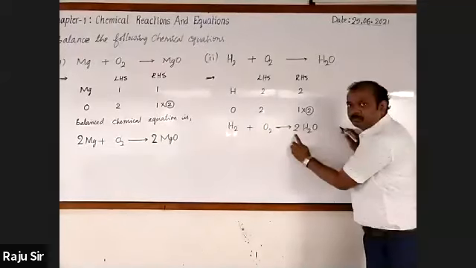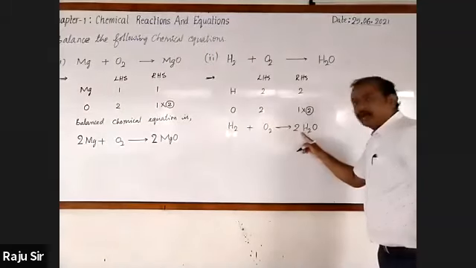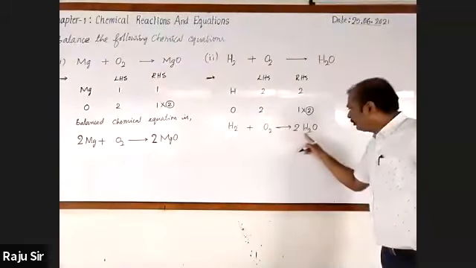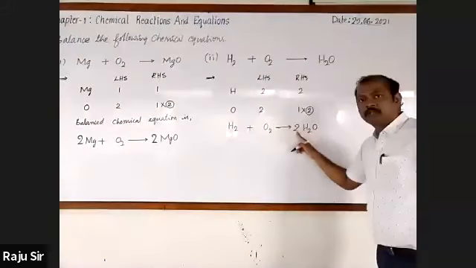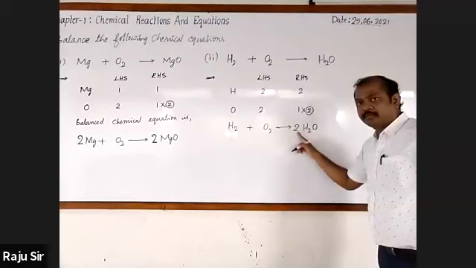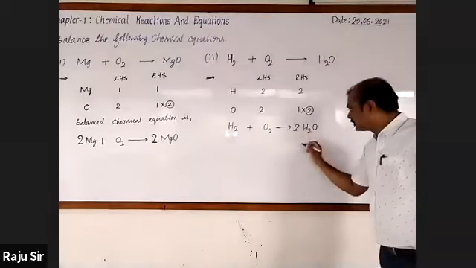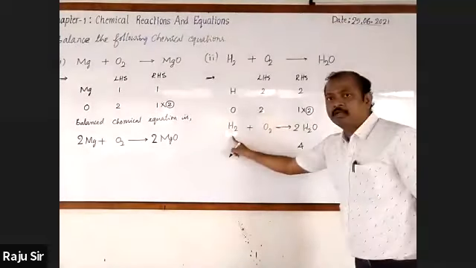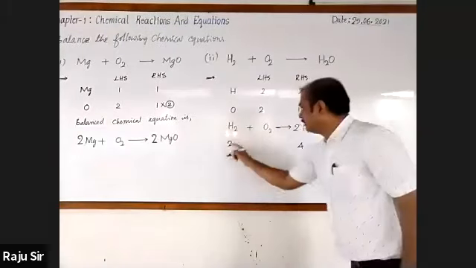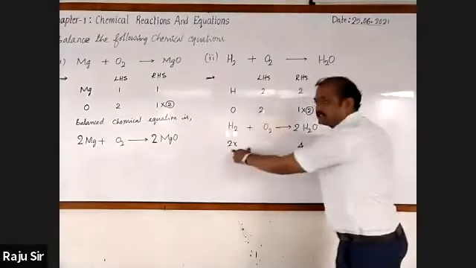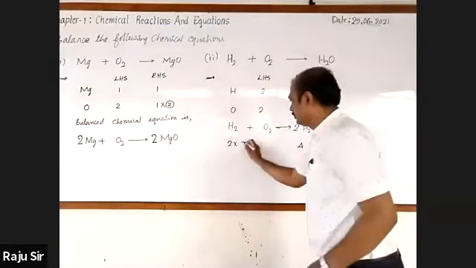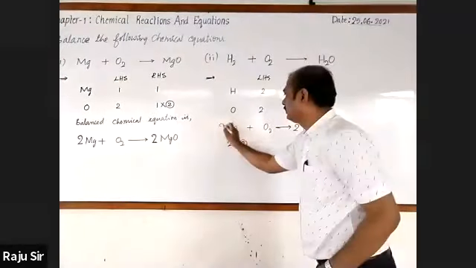Please observe the book. Now, on the product side, how many hydrogen atoms are there? 4. Here, how many? 2. Multiply by 2. By multiplying by 2, I'll write here 2.